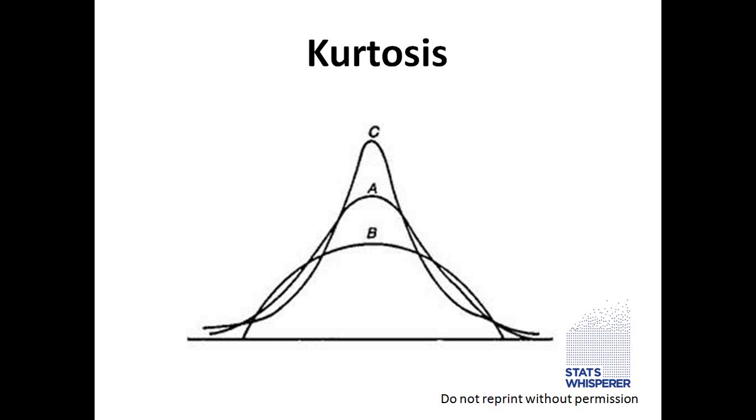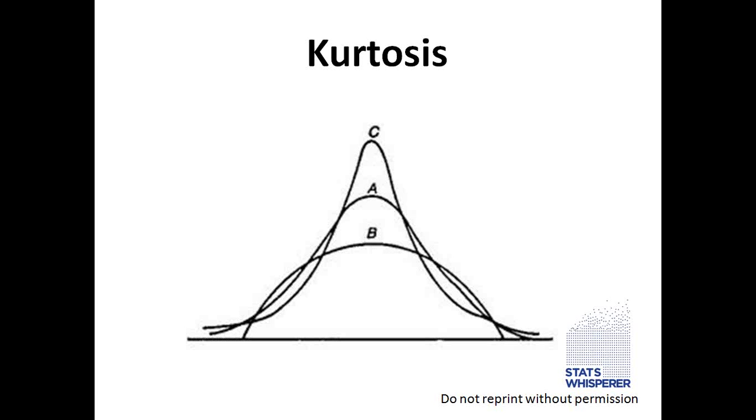Now the second threat is kurtosis. Kurtosis does not refer to the peak favoring one side or the other. So the skew is the peak, but the kurtosis is the distribution. We see in letter C for the kurtosis, the peak's too high, and when the peak's too high, that means there's too many people at the peak.